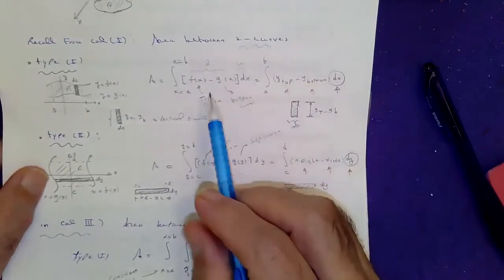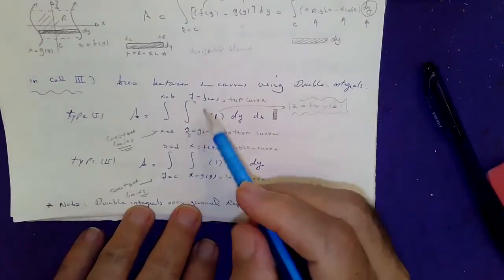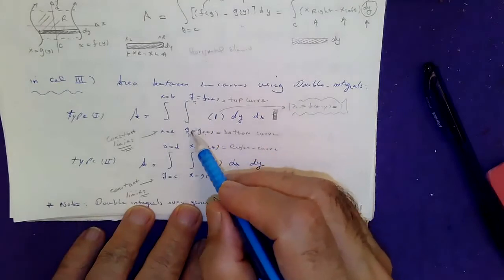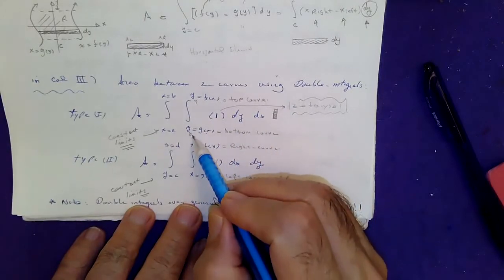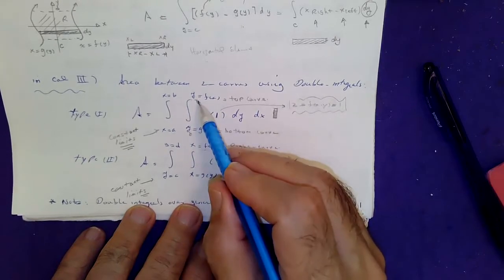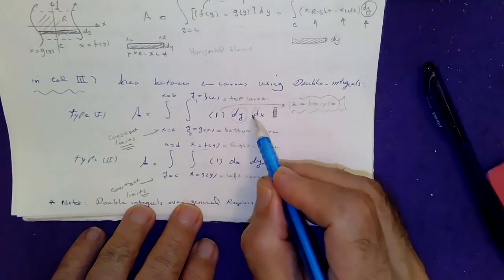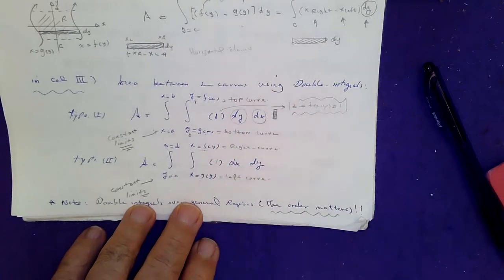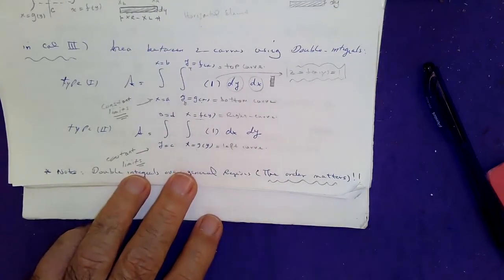Remember in first semester calculus, we had f of x minus g of x. Now they appear as the limits of the first inner integral, and we go from y bottom, the lower limit, all the way to y top, the upper limit. But notice the order: that's dy dx, not dx dy, because in this section the order matters now.